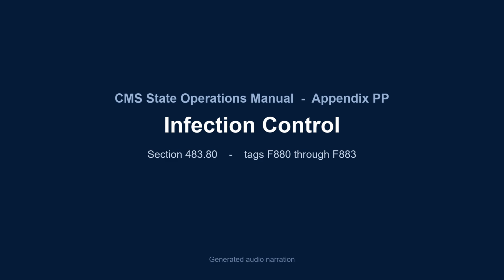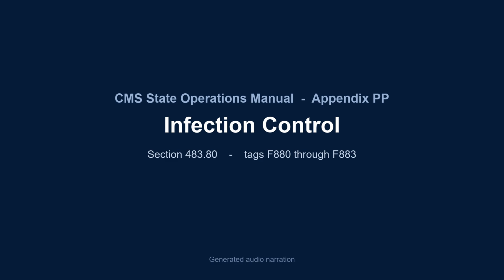Deficiency categorization. An example of Level 4, immediate jeopardy to resident health and safety includes, but is not limited to, the facility failed to ensure the IP was qualified by education, training, experience, or certification to identify a gastrointestinal outbreak in the facility and implement appropriate control measures.